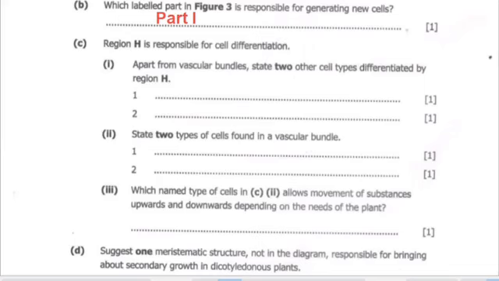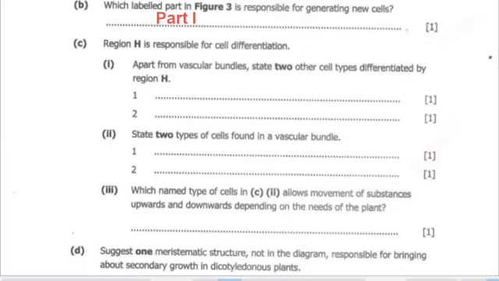We now come to our question C. Our question C reads: region H is responsible for cell differentiation. C1: apart from vascular bundles, state two other types of cells differentiated by region H. So there are many cells that are differentiated by region H, but they just want us to mention two.